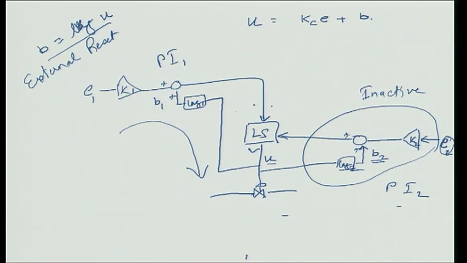The problem that I was talking about, that this controller must unwind from 100% to the value here, need not happen, because now the passing over of the control is based purely on proportional action, not on the integral action.